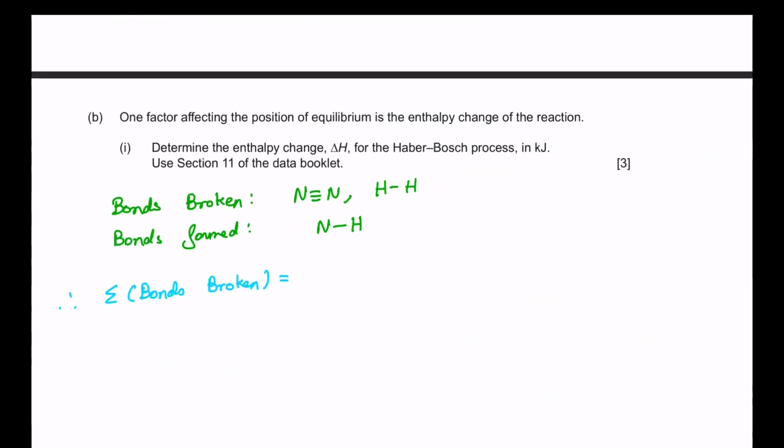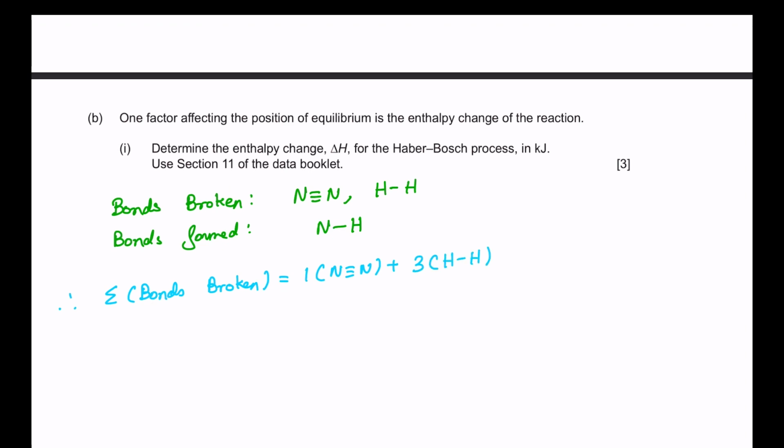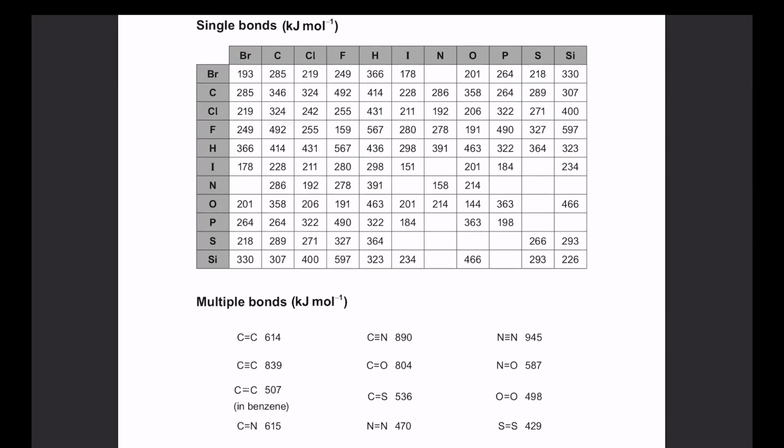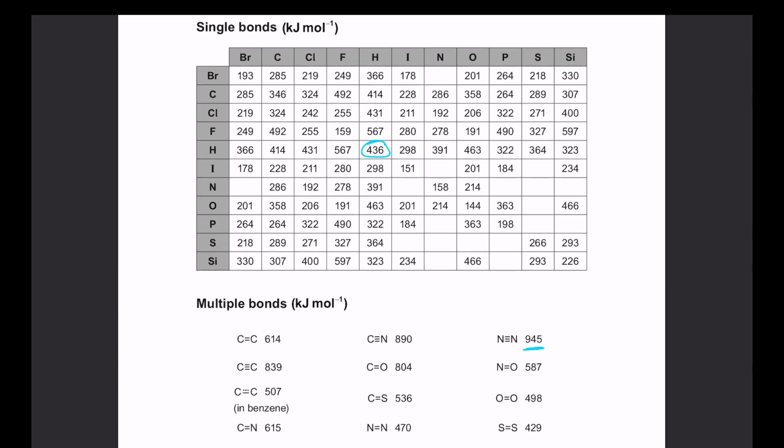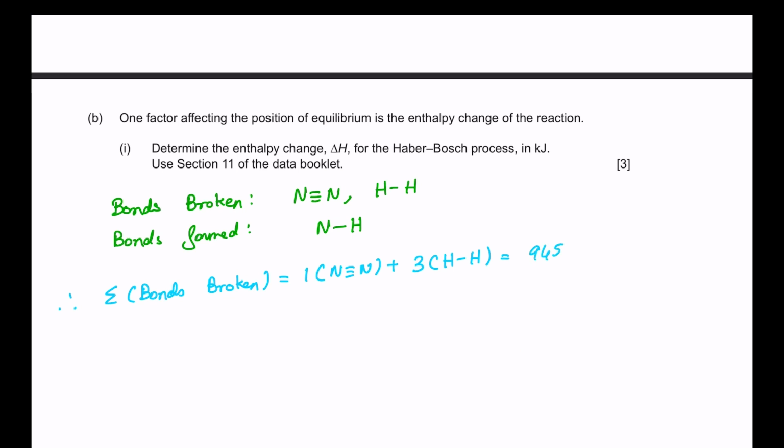So 1 times N triple bond N plus 3 times H-H bond. From the data booklet we get the values. N triple bond N is 945 and H-H is 436. So that will be 945 plus 3 times 436. If we simplify, we'll get that the summation of bonds broken is 2253 kilojoules.